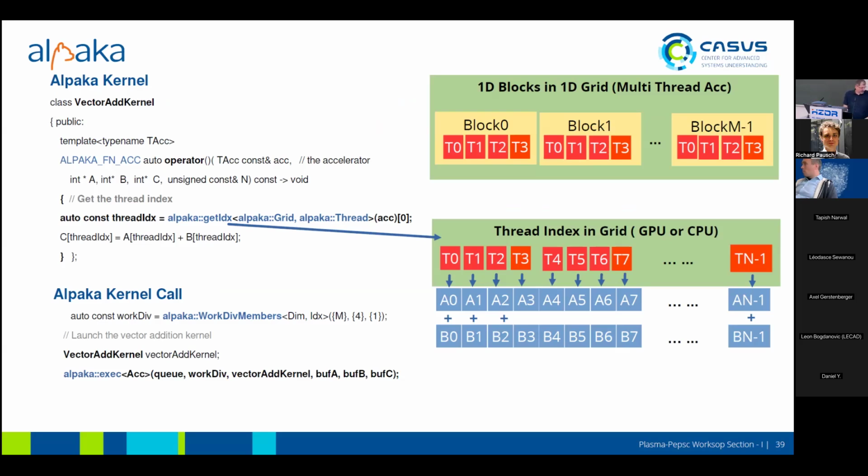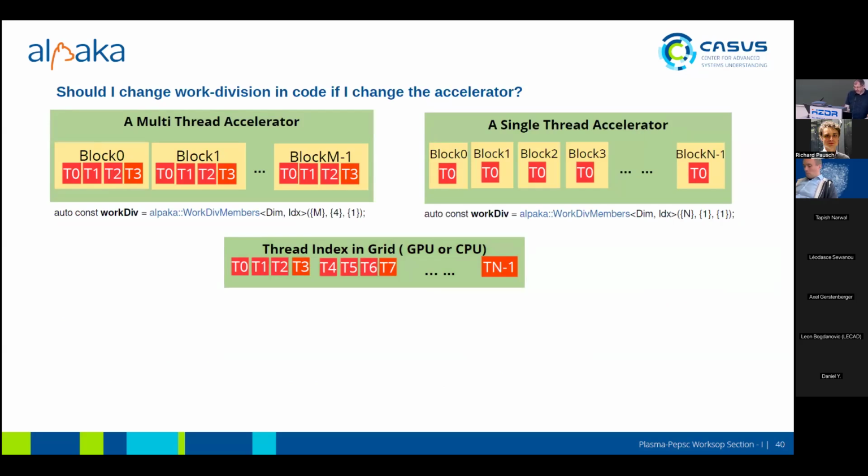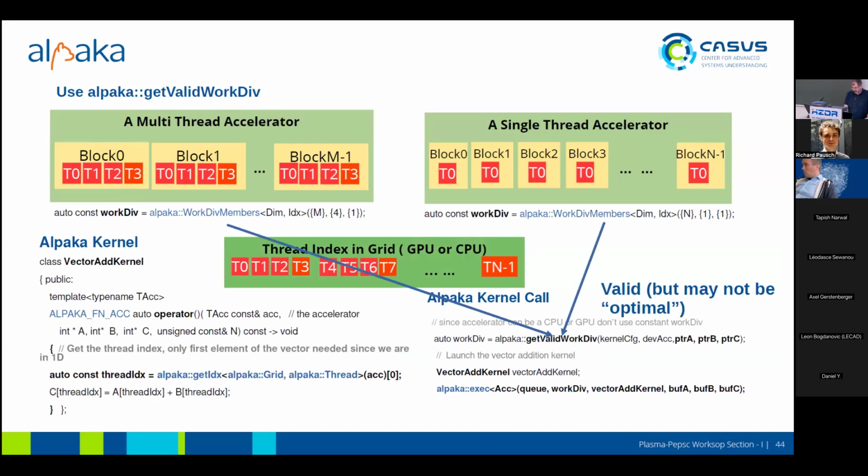So this code only works if the number of elements in the array is lower than the number of threads? No, I mean, we can change the work division. We can determine the work division using a function called getValidWorkDiv, which takes the whole grid size, which we usually use data size as the grid size.